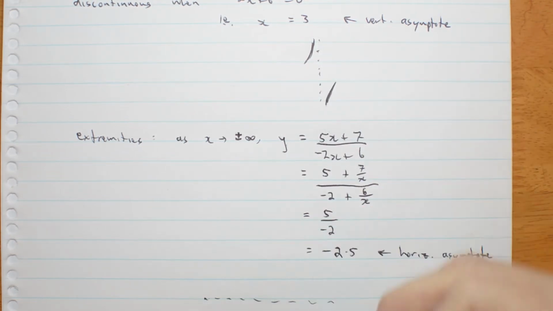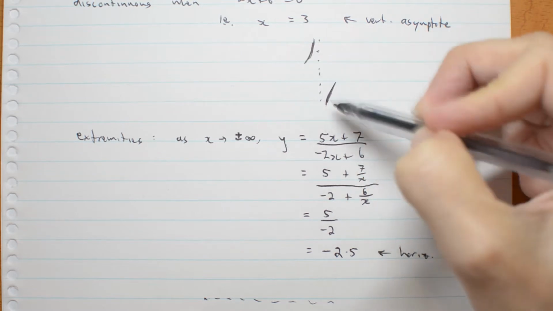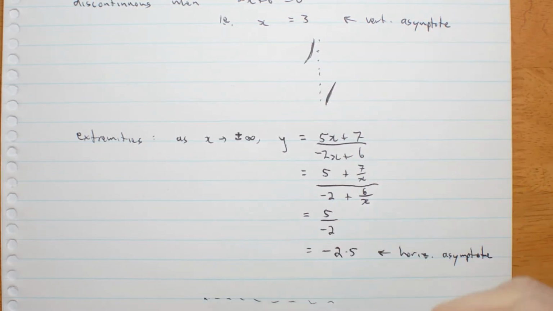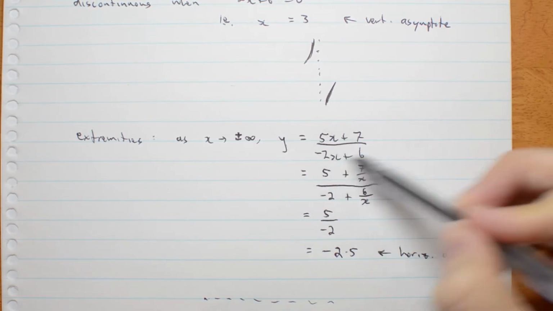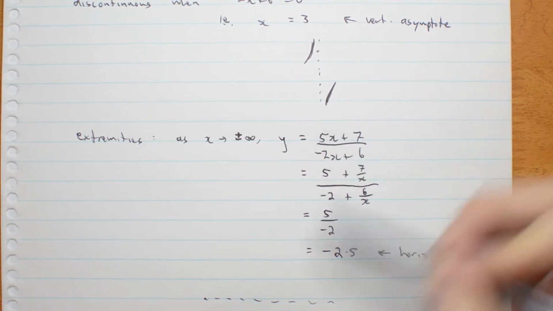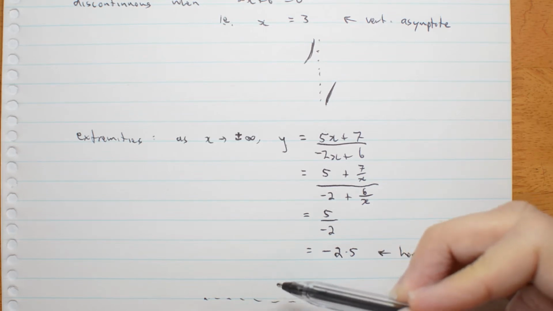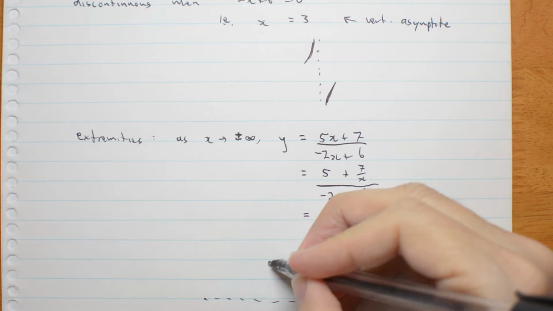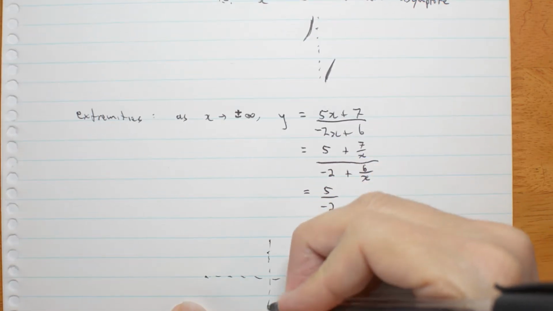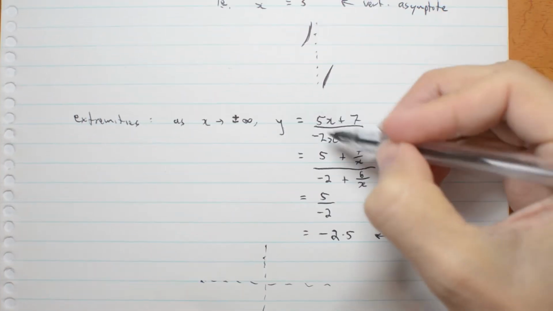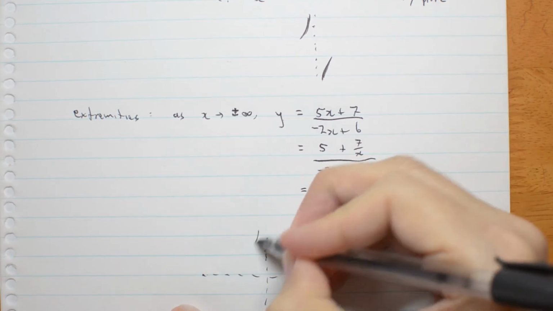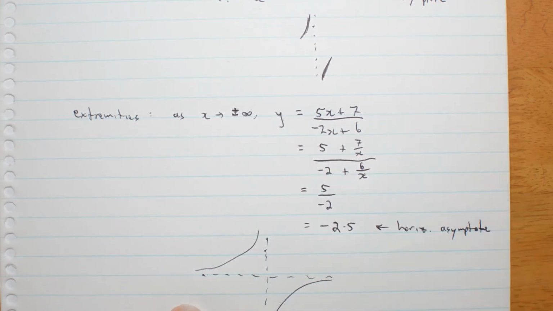Or is one of these going to cross the asymptote and then go back? Now, if both the top and the bottom of this fraction are linear, it won't cross the asymptote. Later on, you will find situations where it will, but I'm going to leave that for later. So for now, if they're both linear, then it's going to look like that.